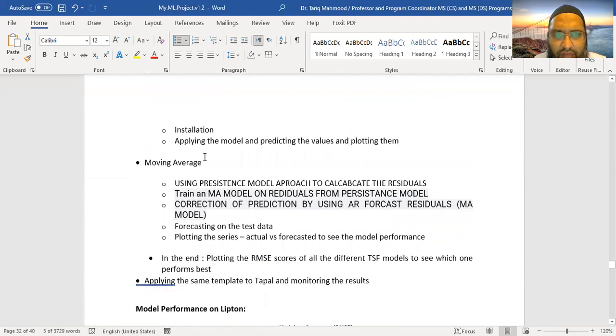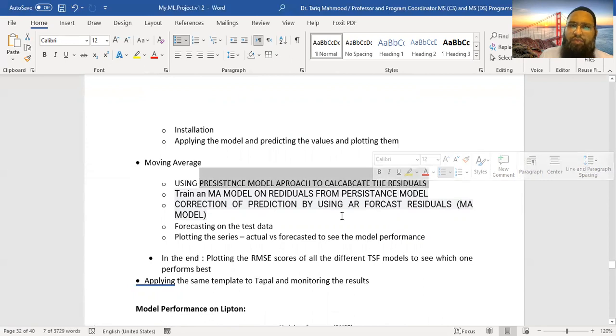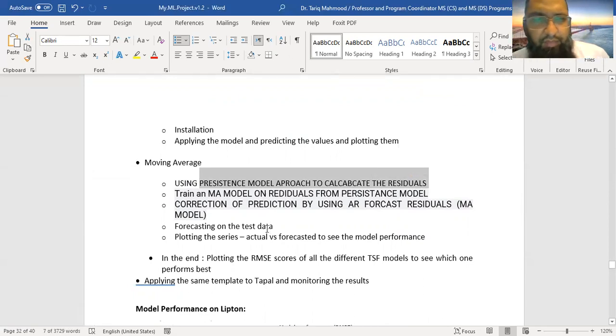And then for the moving average, we use the persistence model to calibrate the residuals. We saw the persistence model in my video of the ML1 course that I have already uploaded on YouTube, so you can search more about that later. The persistence model is the baseline model in the normal time series forecasting case.